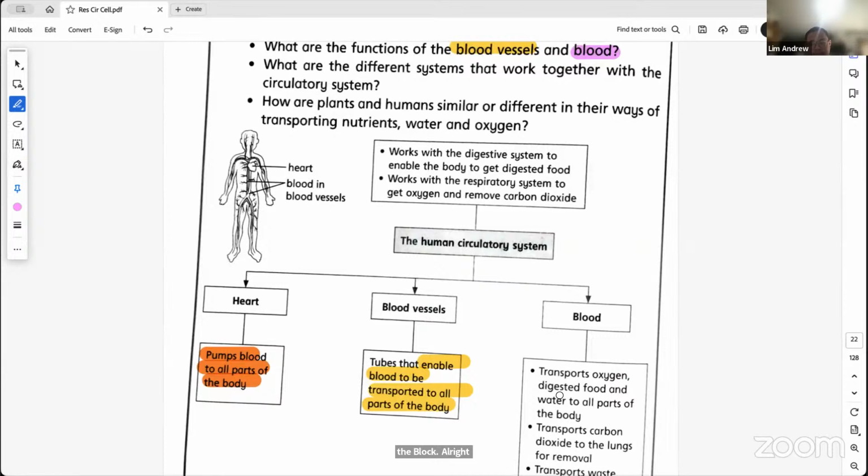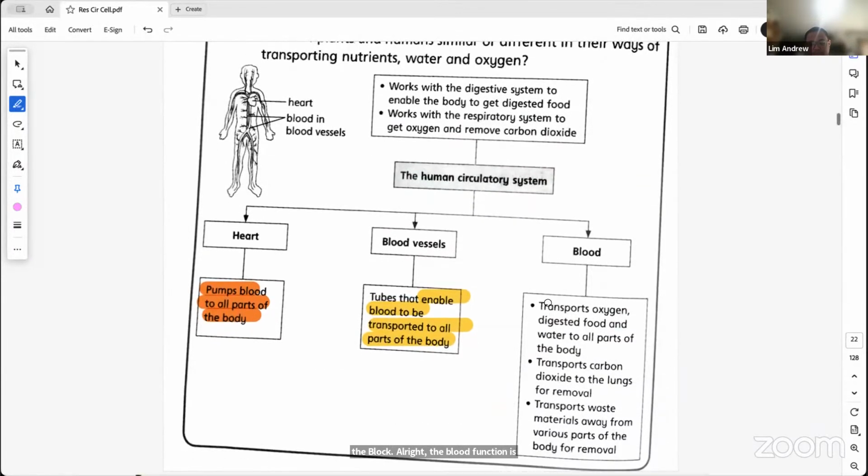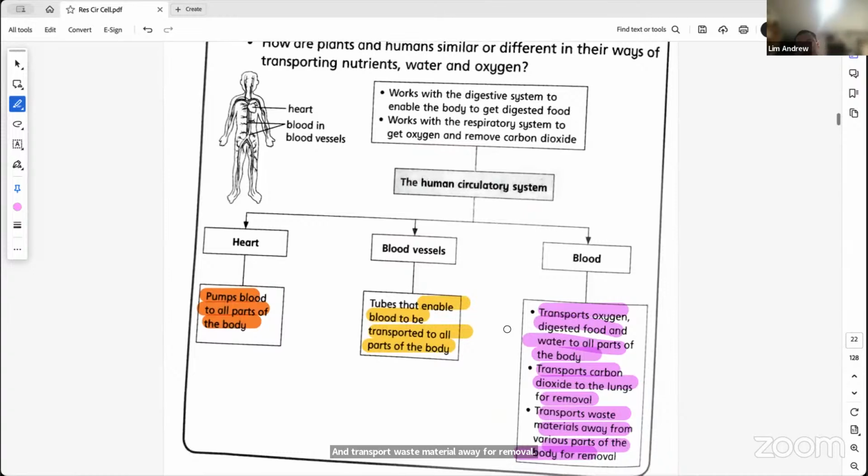The blood function is to transport oxygen, digested food, and water to parts of our body, transport carbon dioxide to the lungs for removal, and transport waste material away for removal. So all these three are the functions of the different parts of the circulatory system.